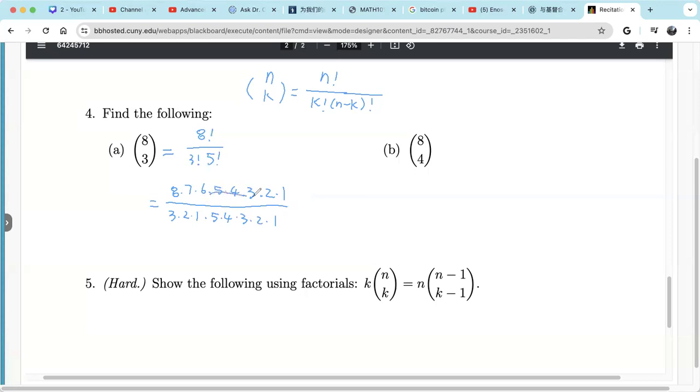Then we see this cancelled, right? Then 2 times 3 is 6, cancel this. So I'm left with 8 times 7, 56.